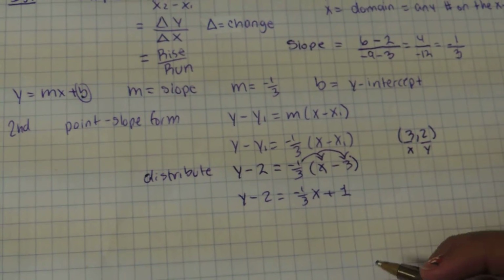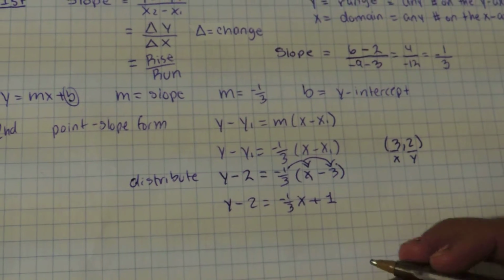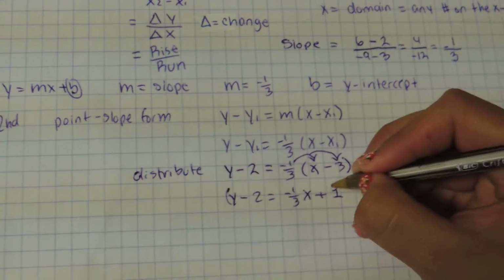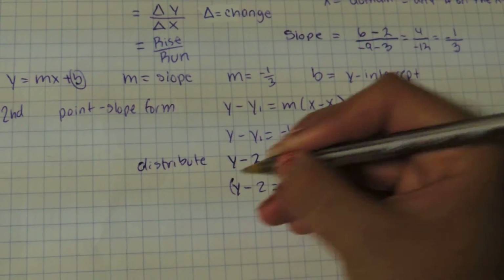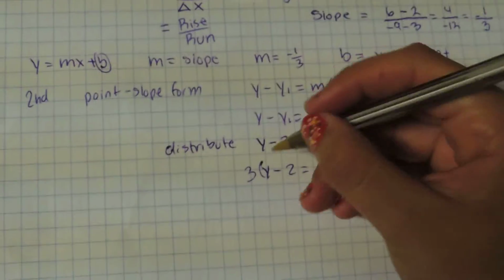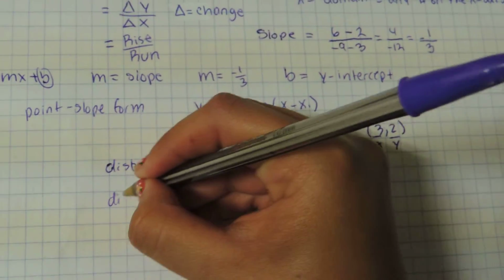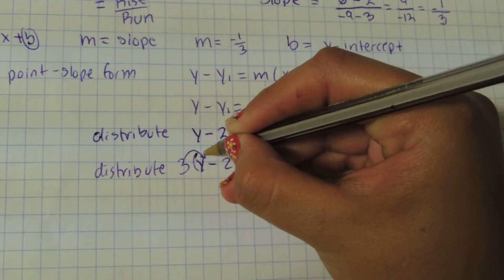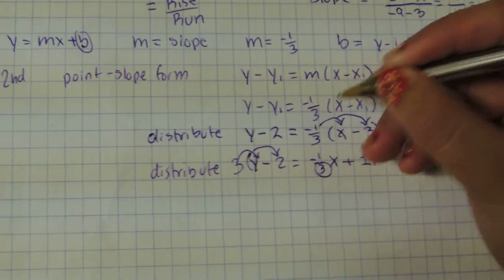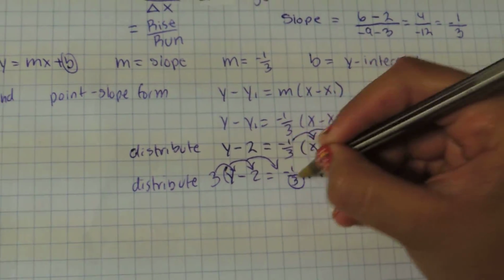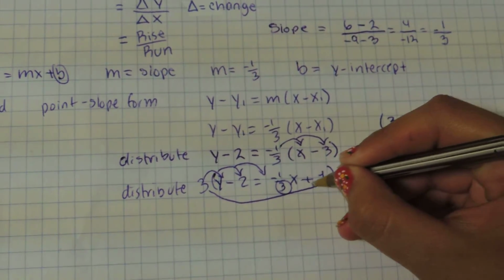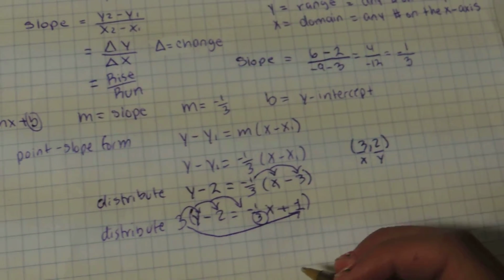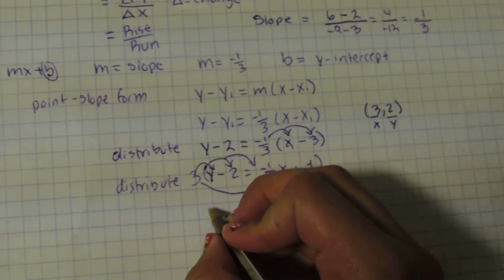Now, how do we get rid of the fraction? Well, we have to multiply the entire equation by the denominator, which is 3. So the 3 is also distributed to y, negative 2, negative 1/3 x, and the positive 1. So let's do that.